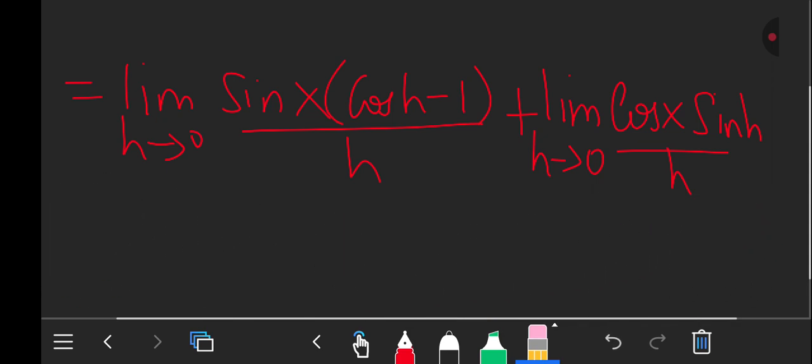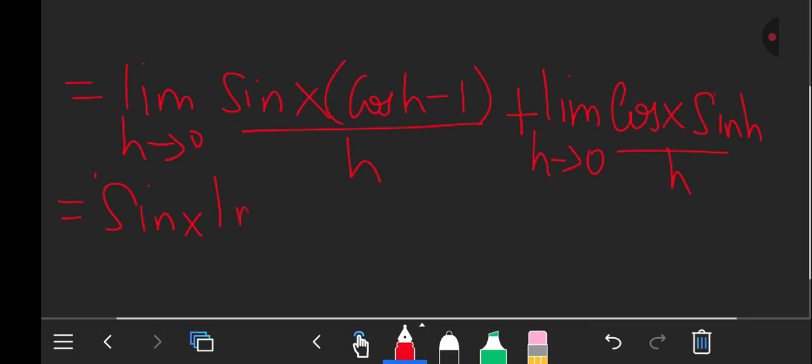At this point now I can again distribute this limit. I can factor out this sine x to be on the side. So I can say sine x, because it doesn't have h, so it won't be affected by this limit.